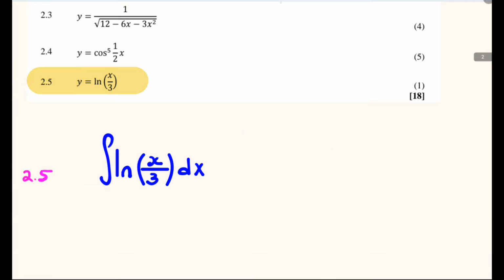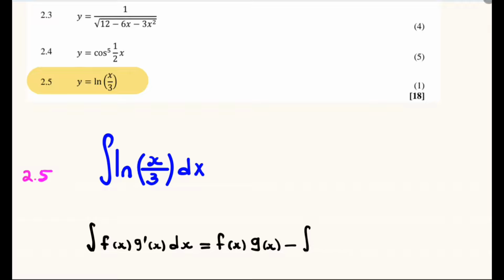Question 2.5, we evaluate the following using integration by parts, and the formula from the formula sheet is the integral of f of x multiplied by g prime of x dx is equal to f of x multiplied by g of x minus the integral of g of x multiplied by f prime of x dx.